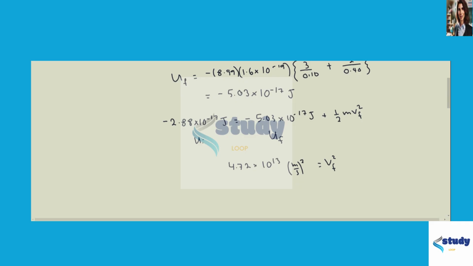So taking a square root, we wind up with a fairly high speed. Yeah, electrons do move fairly quickly.